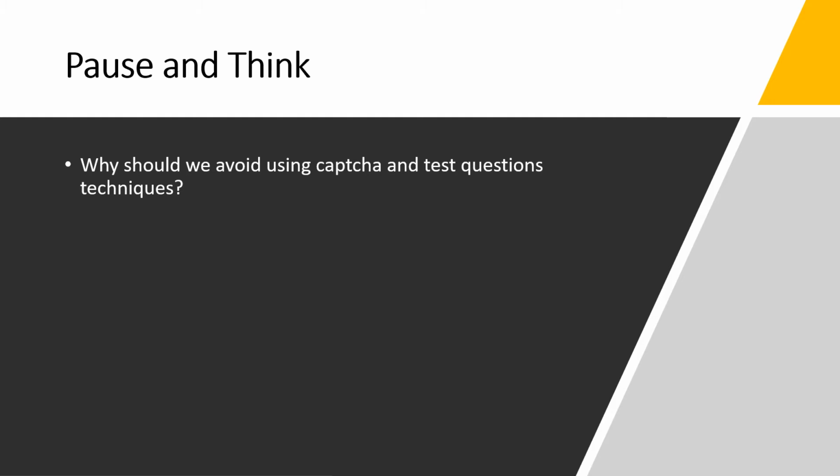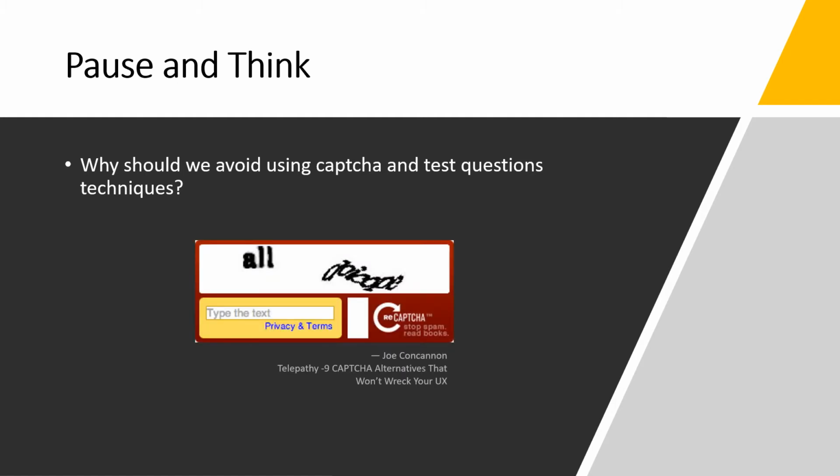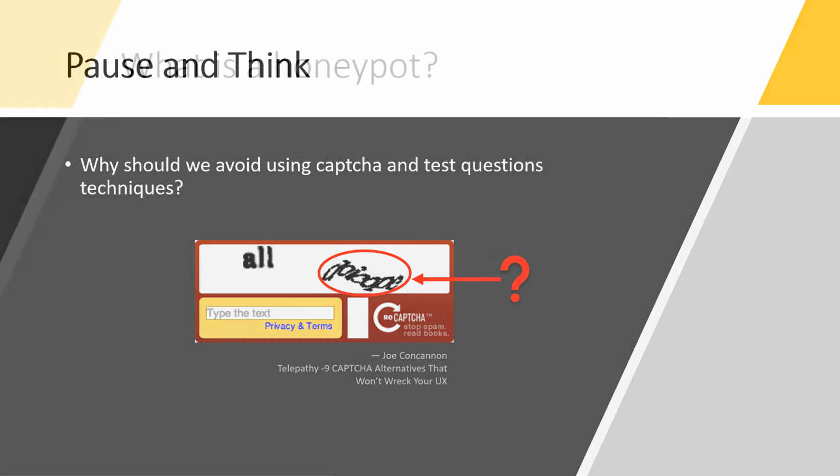Oftentimes they are frustrating to deal with and motivate users to leave. A good example for that would be CAPTCHAs that output text too hard for even humans to read. For that reason, I always recommend implementing the least invasive option available, which is the honeypot technique, and that's what we will be discussing for the rest of this video.